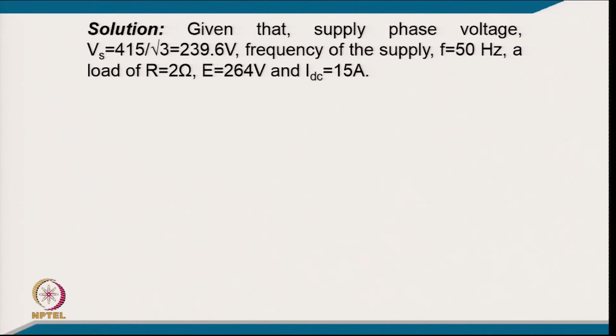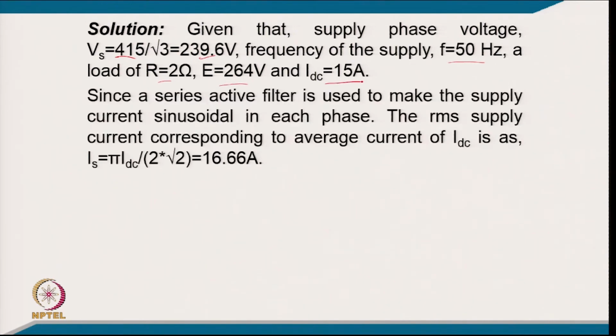So, coming to the numerical portion, given that the supply phase voltage is Vs equal to 415 by root 3, which is 239.6 volt, frequency of supply 50 hertz, a load of R equal to 2 ohm, battery voltage 264 volt, and the DC side average current given as 15 ampere. Since the series active filter is used to make the supply current sinusoidal in each phase, the RMS supply current corresponding to the average current IDC will be equal to pi IDC upon 2 root 2.